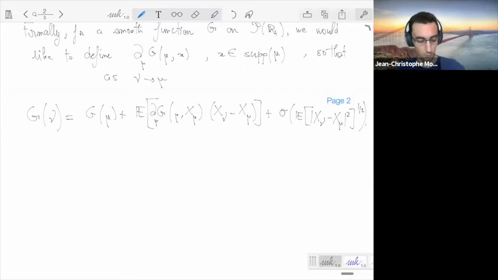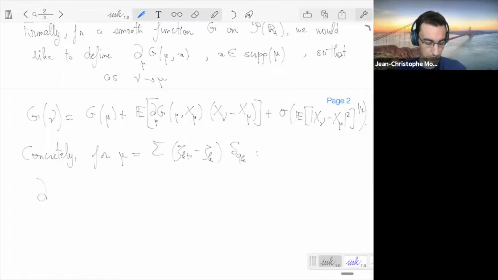So let's say concretely, when μ is a sum of Diracs as above, so you write it as a sum of (ζk+1 - ζk) δqk, you can check that this amounts to defining, okay, so x is qk now, this derivative the way I said last time.